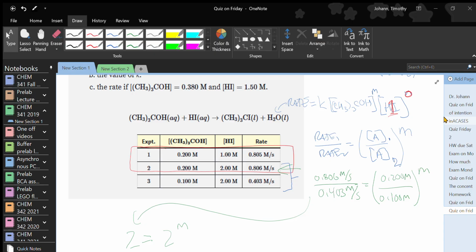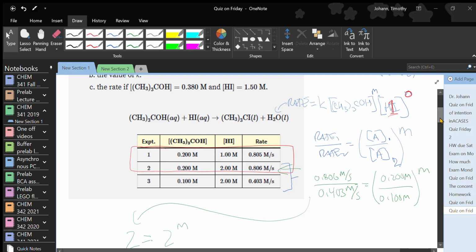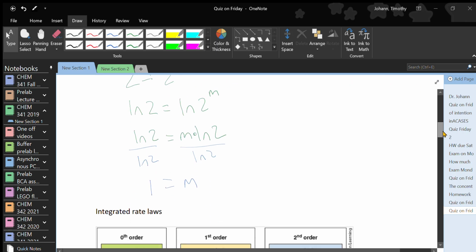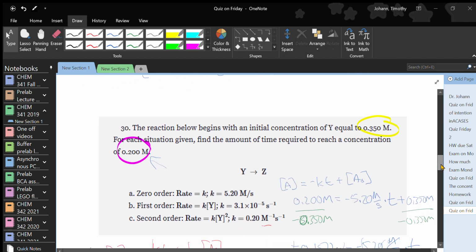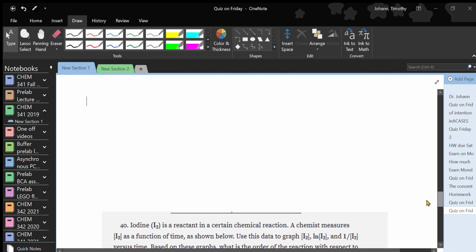That is called pseudo first order kinetics. I just realized last lecture that it's a little bit weird calling it pseudo first order kinetics because your thing might not be first order, okay? But by holding something constant, you can just be looking at the order of the other thing, the thing you're varying. Does that make sense?